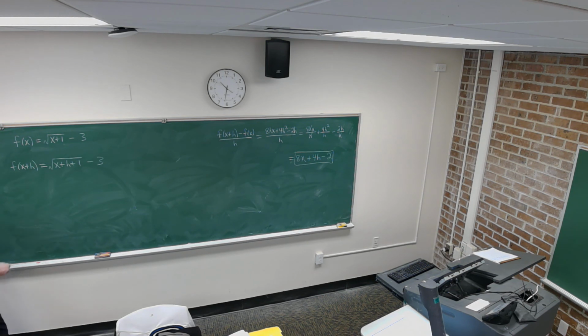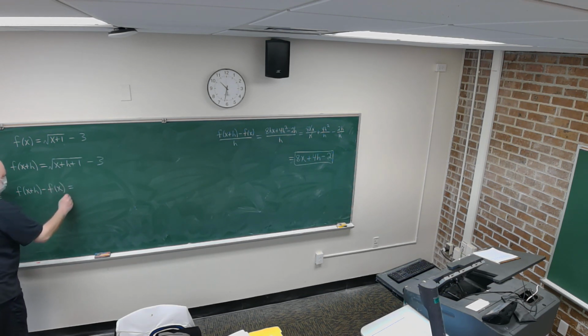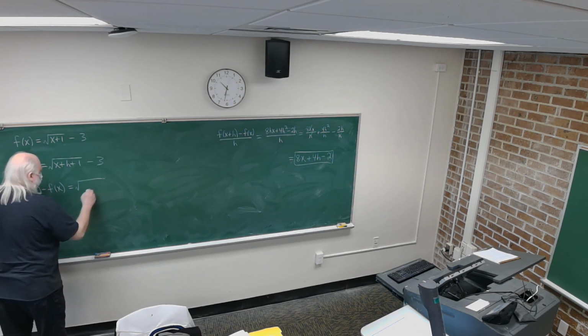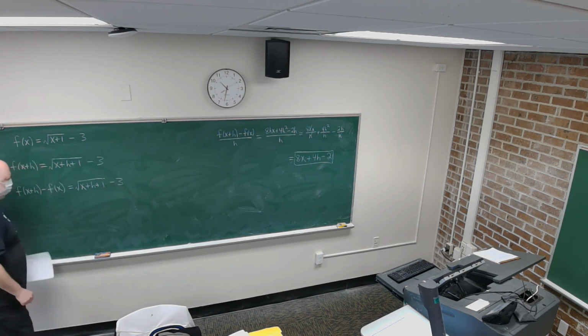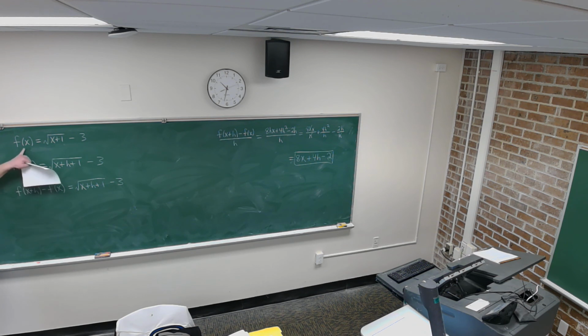Step B, we have to subtract f of x from f of x plus h. So we have the square root of x plus h plus 1 minus 3. And remember, when you subtract f of x, f of x has two terms in it.